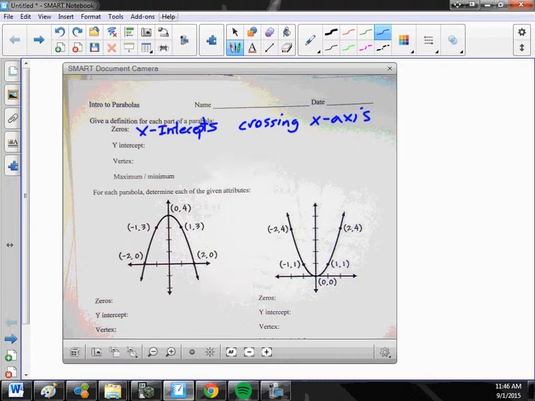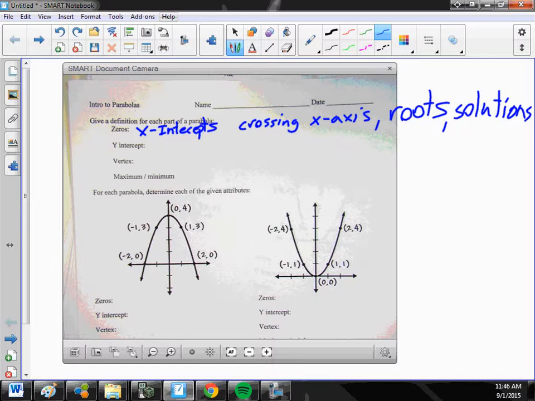But zeros also have other names. They're called zeros. They're called x-intercepts. You'll also hear the word roots, and that's one you're going to hear a lot. Depending on what we're doing, I'll call them roots or I'll call them zeros, or sometimes they're referred to as solutions.